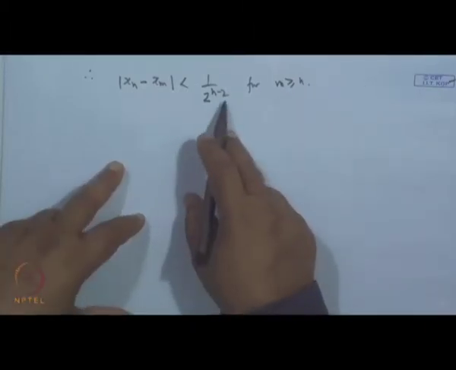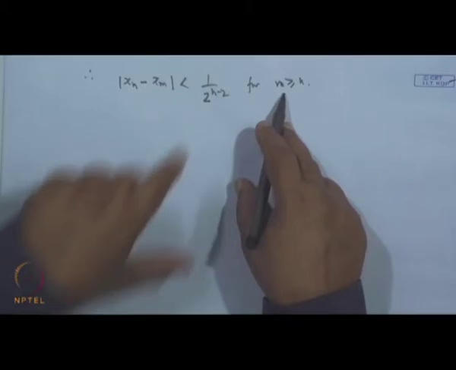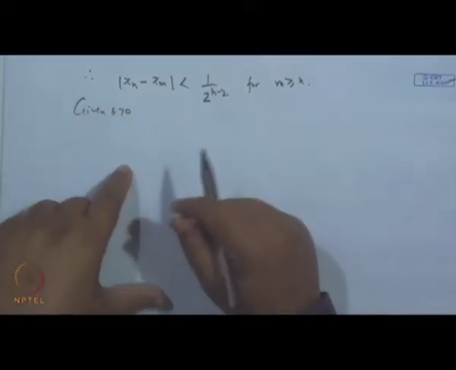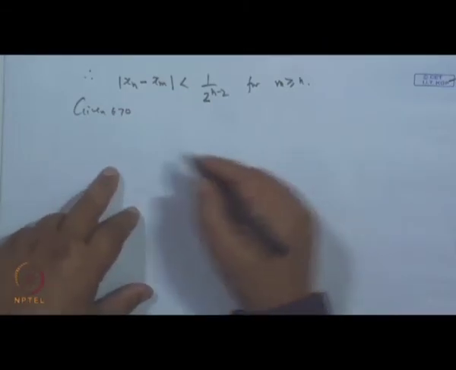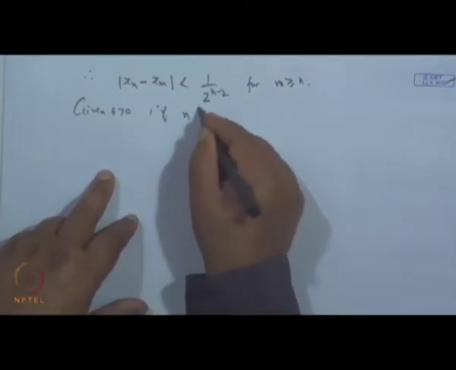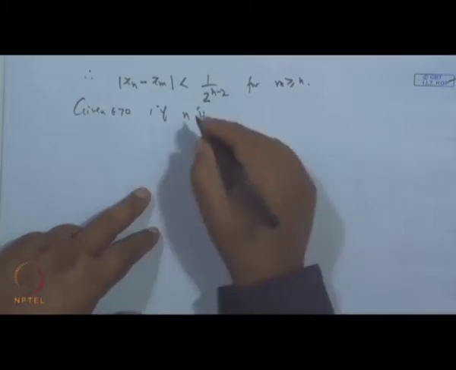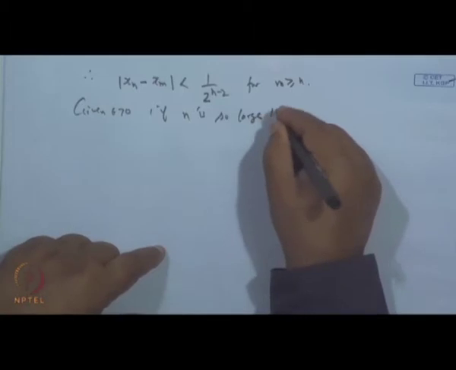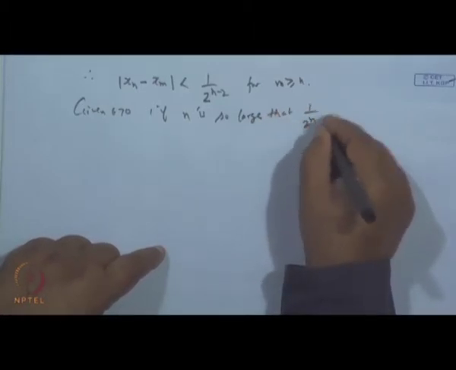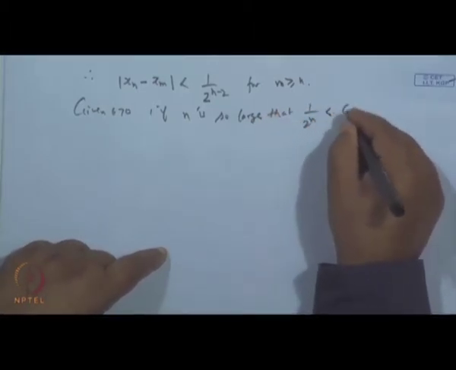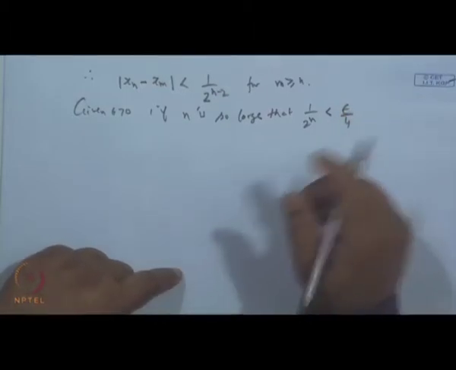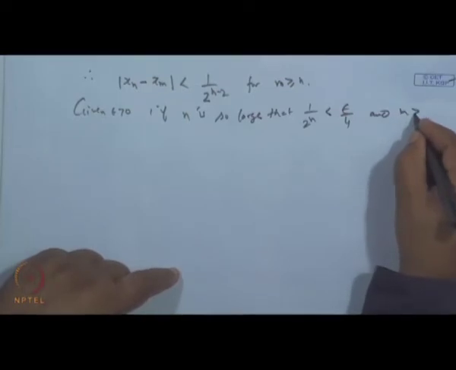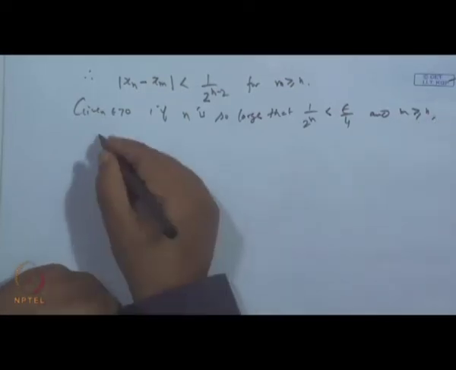Now, given any epsilon greater than 0, if I choose n so large that 1 by 2 to the power n is less than epsilon by 4, and if we take m to be greater than or equal to n, then what happens?